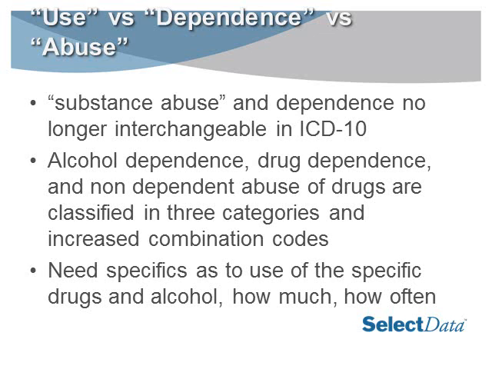The overall psychological world has identified that each of these are specific and unique to themselves. Alcohol dependence, drug dependence, and non-dependent abuse of drugs are classified in 3 categories, and there will be increased combination codes for them. We now need specifics as to the use of the specific drugs and alcohol.